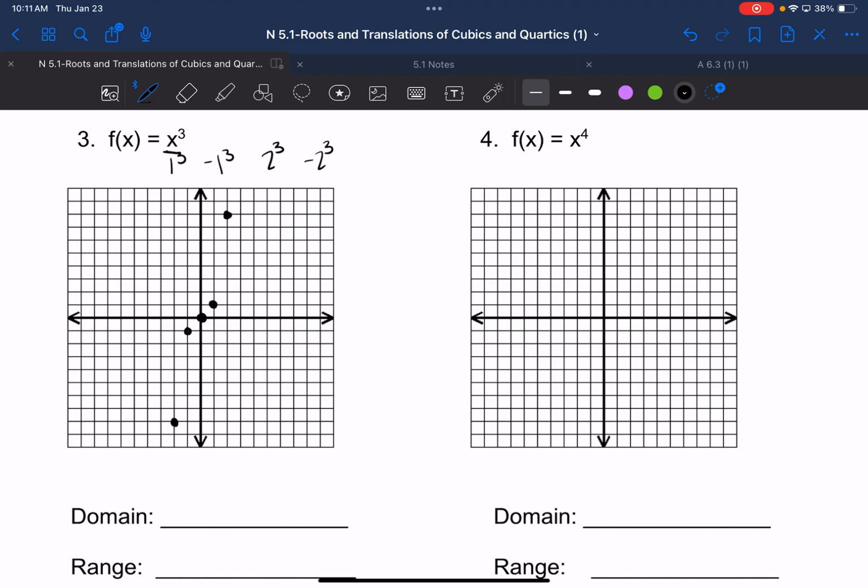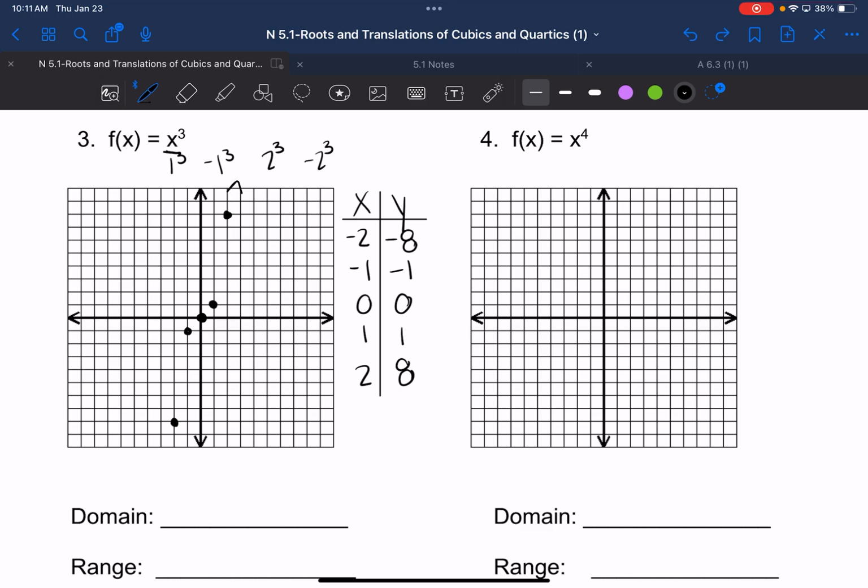Nothing else is really going to fit on this picture, so that'd be the most. But let's make a little list here so that we have those in our back pocket: -2, -8, -1, -1, 0, 0, 1, 1, and 2, 8.